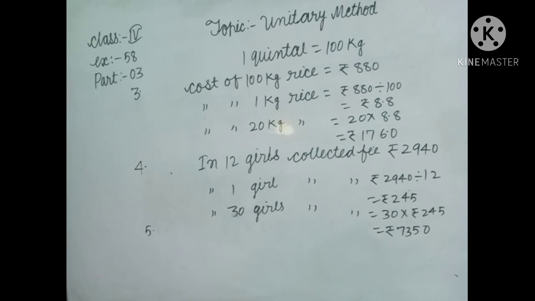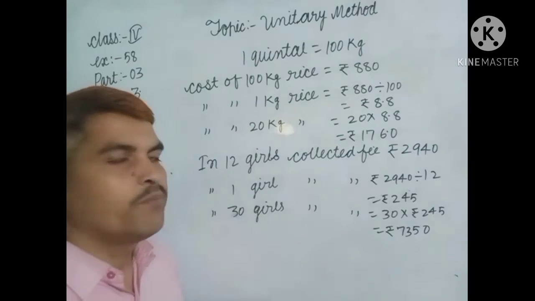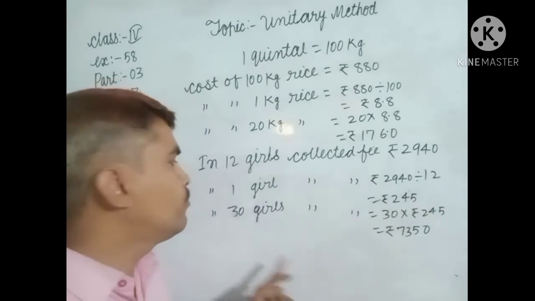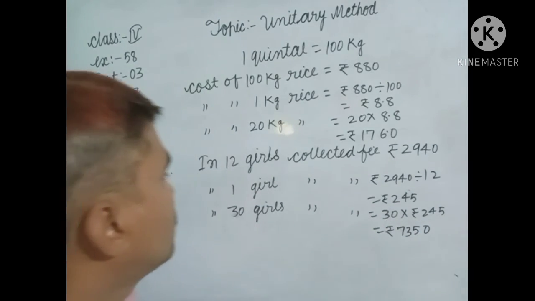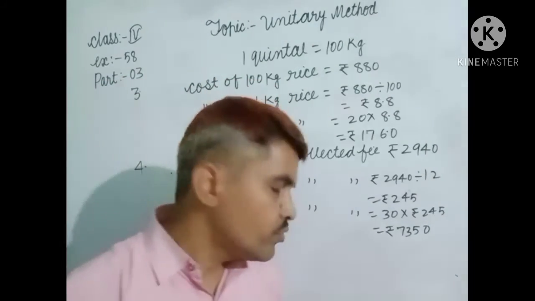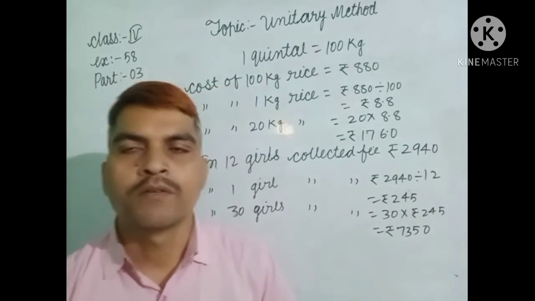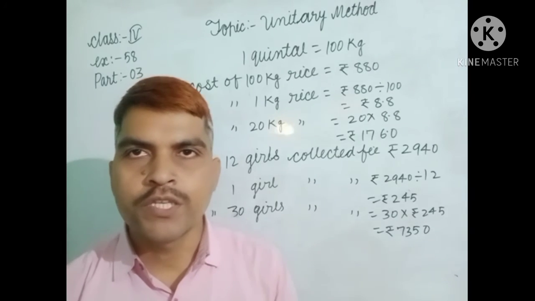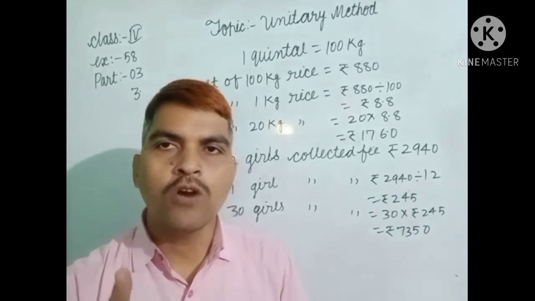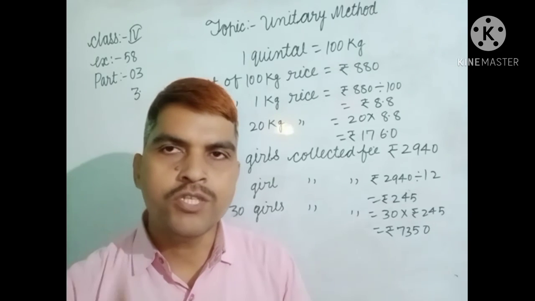Dear students, first of all you find out the fee collected from one girl, 245 rupees. Then you find out how much fee is collected by 30 girls. So dear students, in this way you make the unitary method. Today we learned, first of all you find the value of each object.